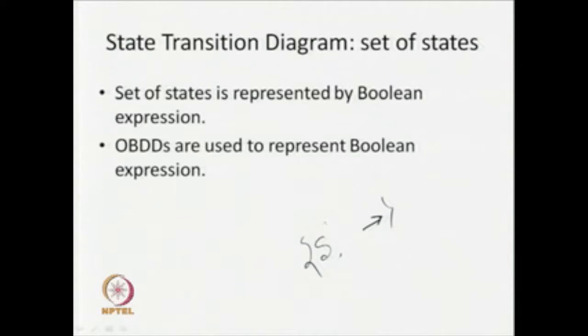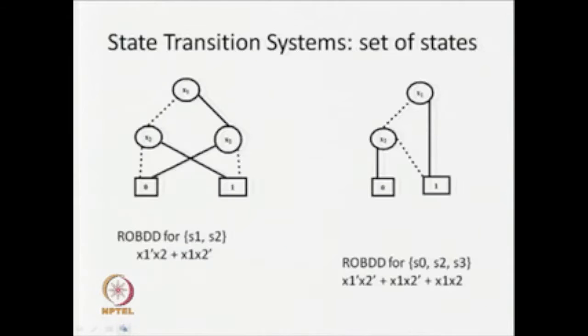Now, we have seen that this set of states can be represented with the help of a Boolean expression, and once we have the Boolean expression, that Boolean expression can be represented with the help of OBDDs, or ROBDDs if we stick to a particular variable ordering.